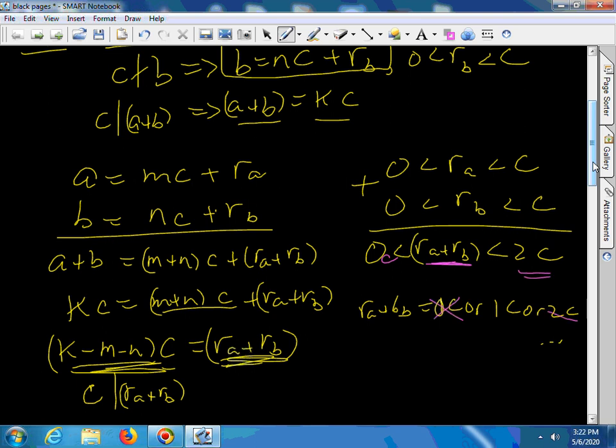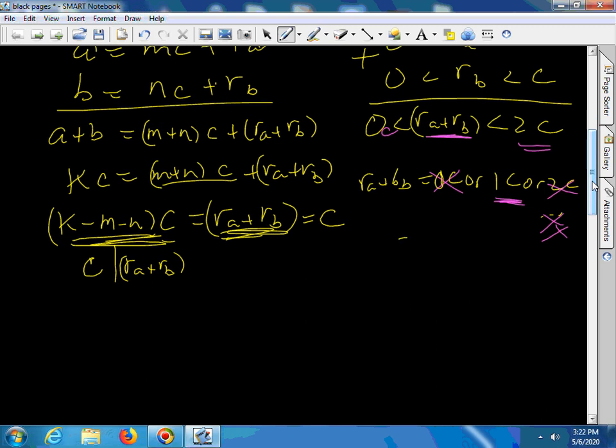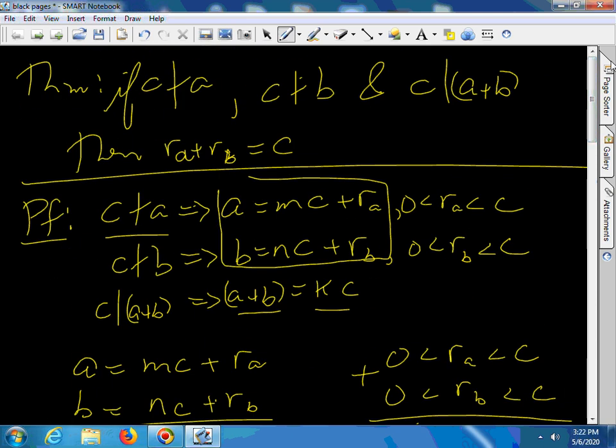It's less than 2C, which means it's less than 3C and 4C and 5C. That means it's 1C. This is equal to C. Okay, let's write that up more nicely. So, RA plus RB is equal to C. But that's exactly what I wanted to show. And that's pretty neat.